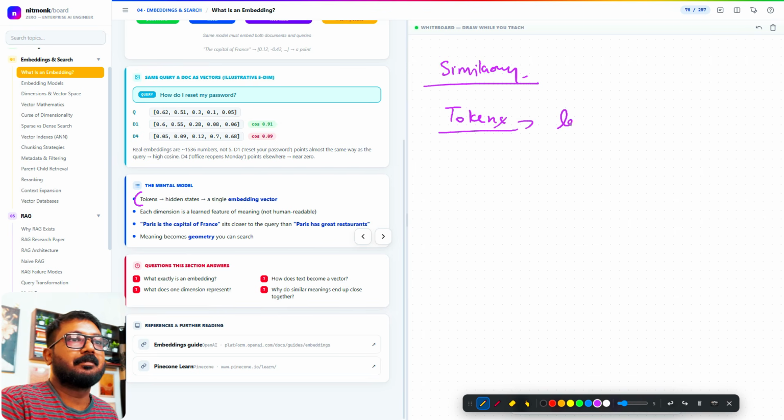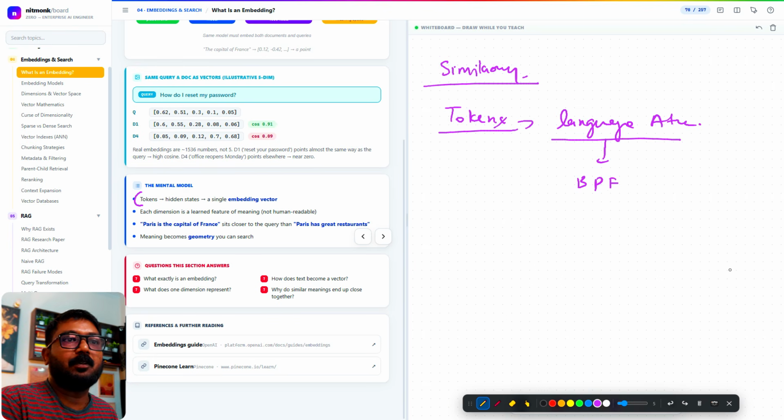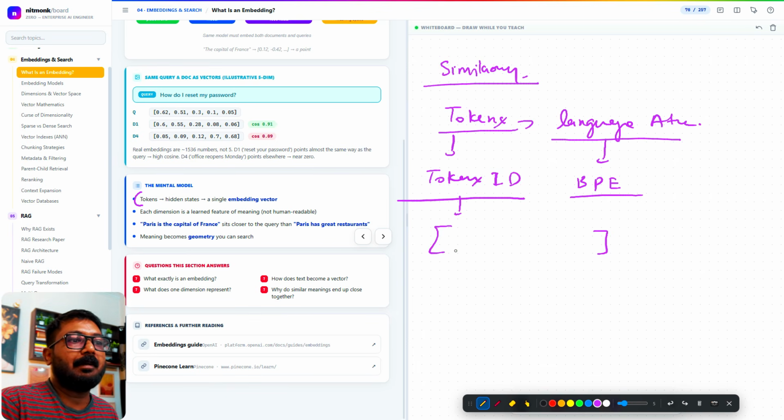Now, your mental model should sit on these tokens that we read. That is a language atom, correct? And this is generated with byte pair encoding that we have already understood. These tokens stay somewhere, and to represent and find them, we have token IDs, like let's say 15, 70, 1048.